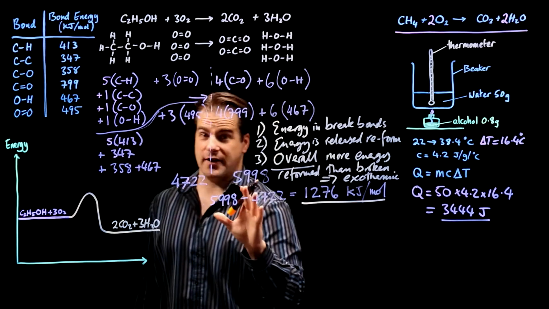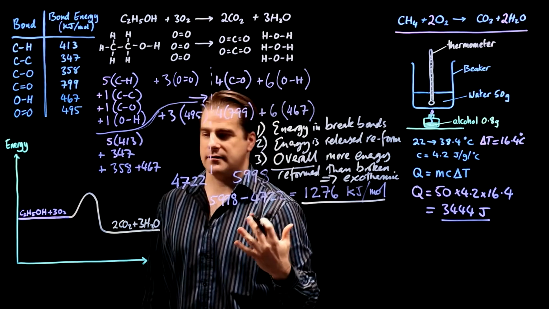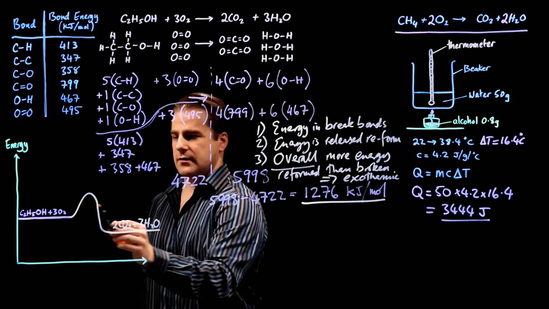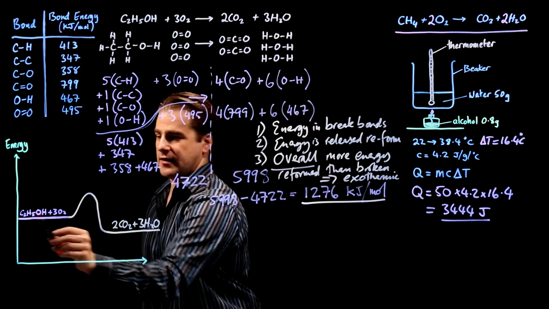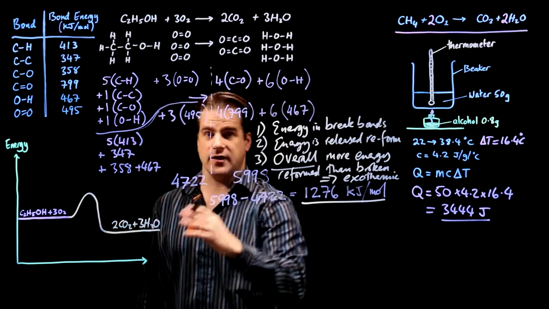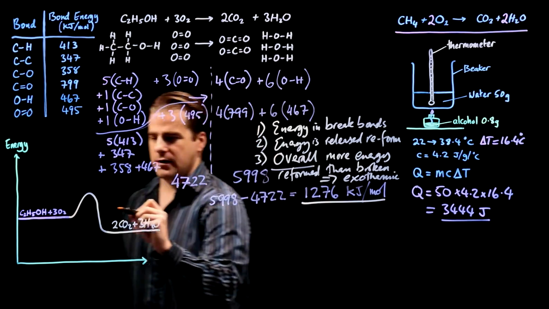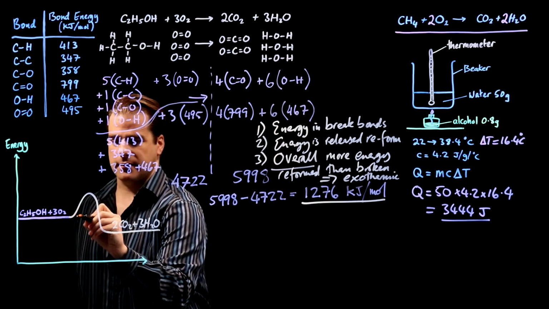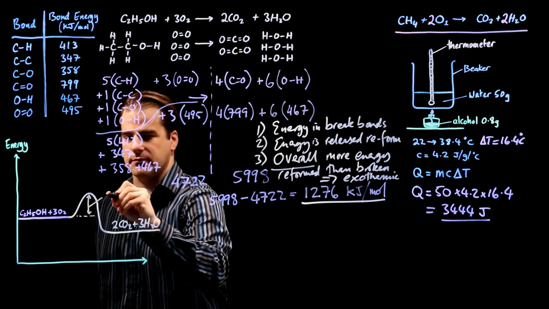It's called the activation energy in order to get the reaction to take place. The reactants start off at this energy level and the products end up at this energy level, but you've got to get over this energy hump in order to get the reaction going. And that is called the activation energy.